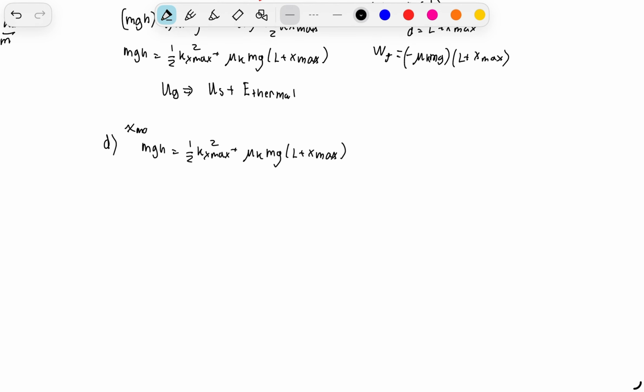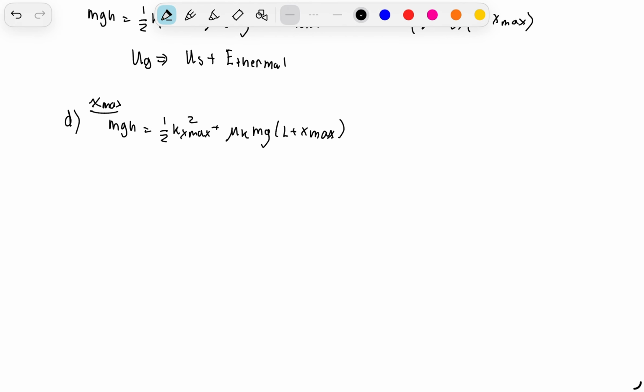We're looking for X max. So we're going to distribute first our frictional term, which is this. So we are going to get mgh is equal to 1/2 kx maximum squared plus mu K mg times L plus mu K mg times X maximum.